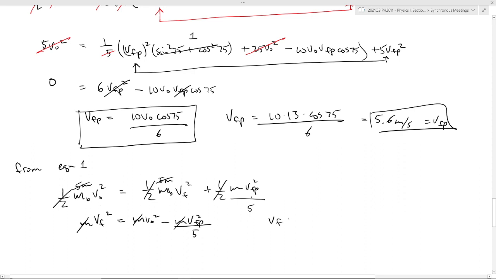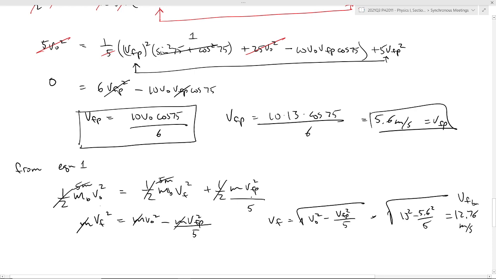So v final is just going to equal the square root of v naught squared minus v final pin squared over 5. We plug those numbers in. 13 squared minus 5.6 squared over 5 gives us 12.76 meters per second. So that's v final for the ball.